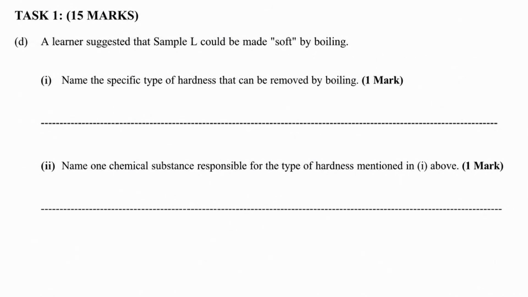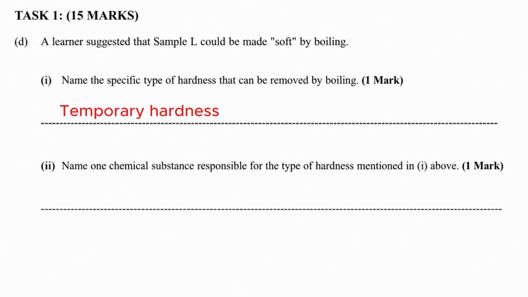Then let us go to question D, and D says that a learner suggested that sample L could be made soft by boiling. And then D1 says name the specific type of hardness that can be removed by boiling. Now, the hardness that can be removed by boiling is the temporary hardness. Temporary hardness can be easily removed by boiling.